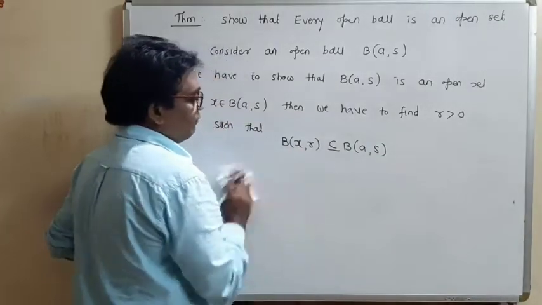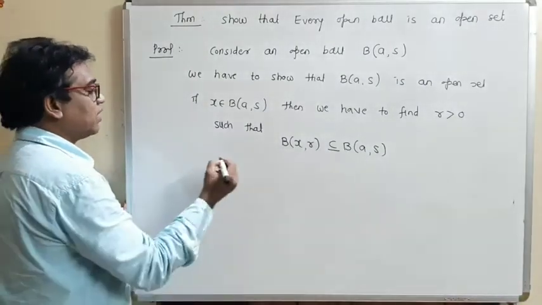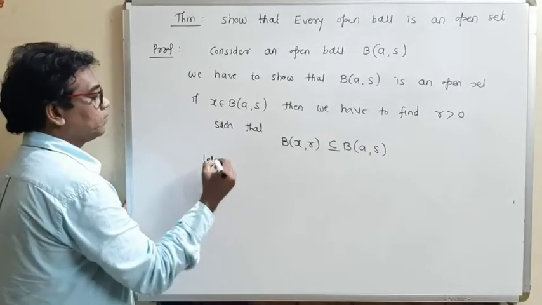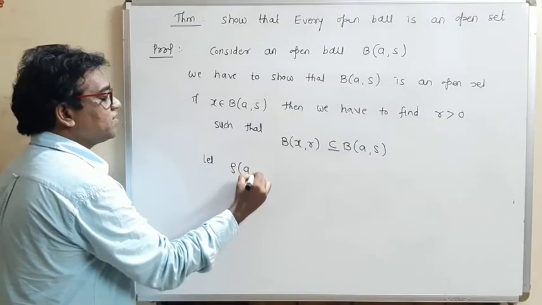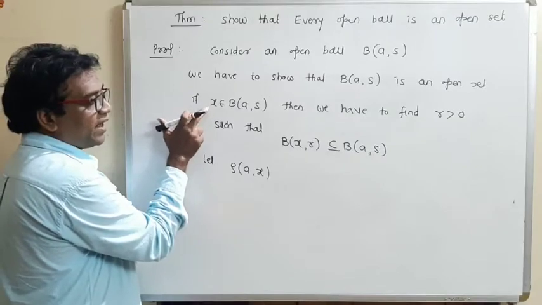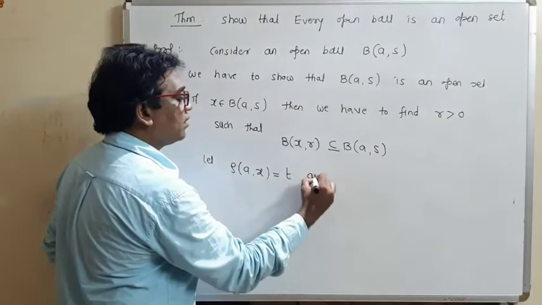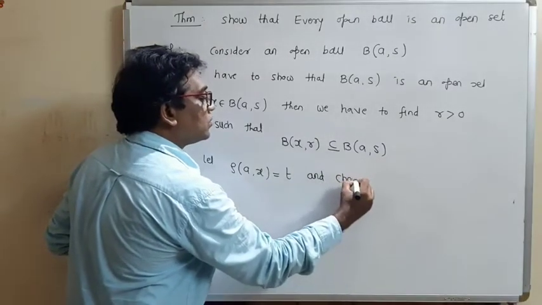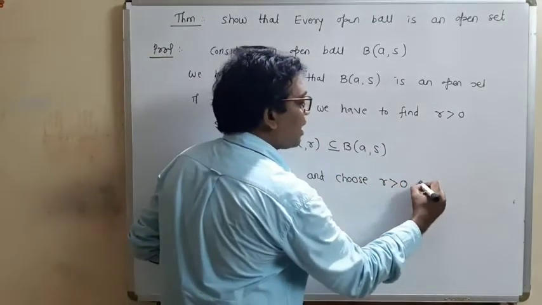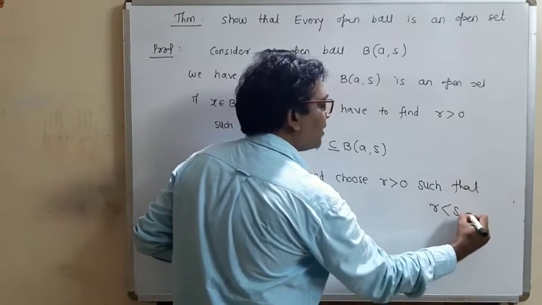So for this, we construct some hypothesis for this result. So write down the construction. Let the distance between x and a, suppose this is equal to t, and choose r positive, consider this radius r, having this condition such that r less than s minus t.